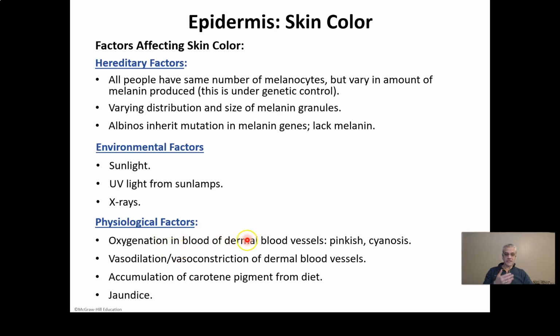Physiologic factors: oxygenation in the blood of dermal vessels. This is one of the things where we can use certain colorations in skin in a clinical setting. So it's classic to use the part of the nail. We're going to talk about this. There's a part of the nail that looks like kind of a half moon or a quarter moon. It's called the lunula.